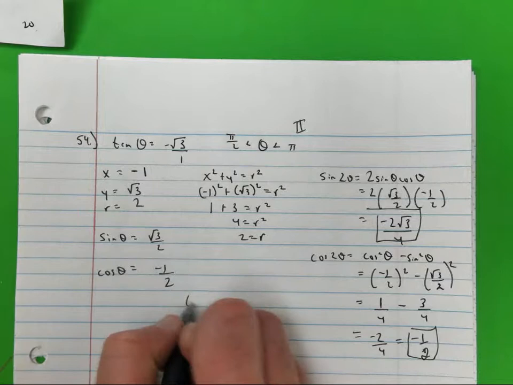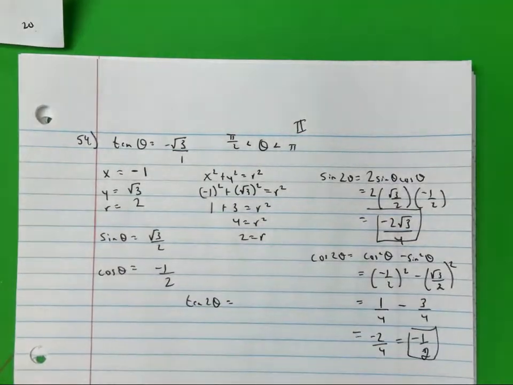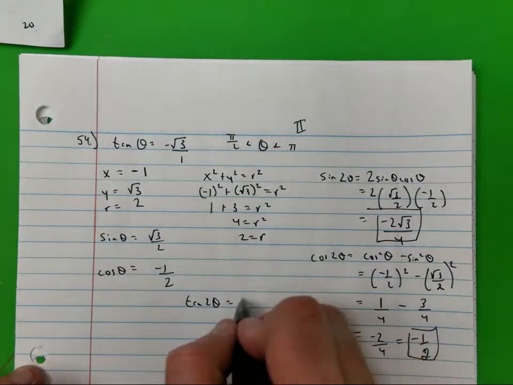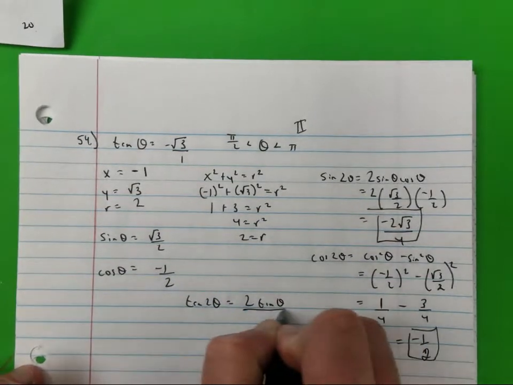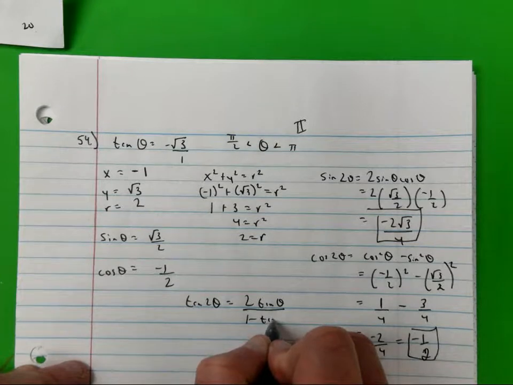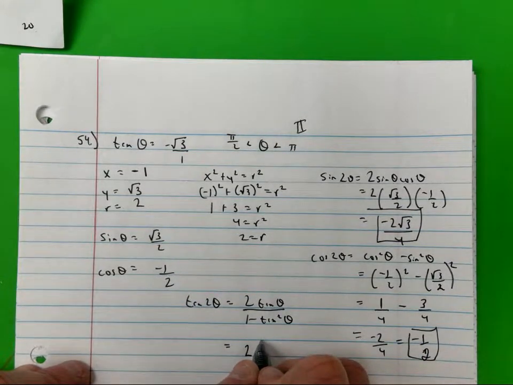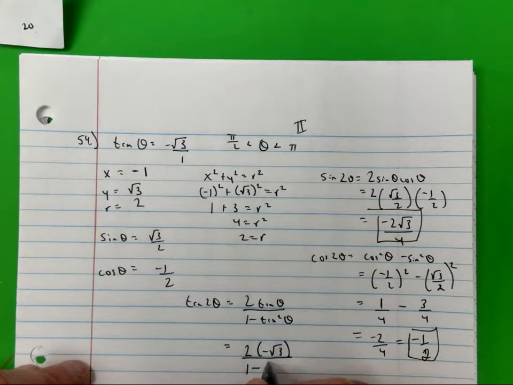Now let's look at tangent of 2 theta. That is 2 tangent theta over 1 minus tangent squared theta. 2 times the tangent, which is negative square root of 3, over 1 minus the negative square root of 3 squared.